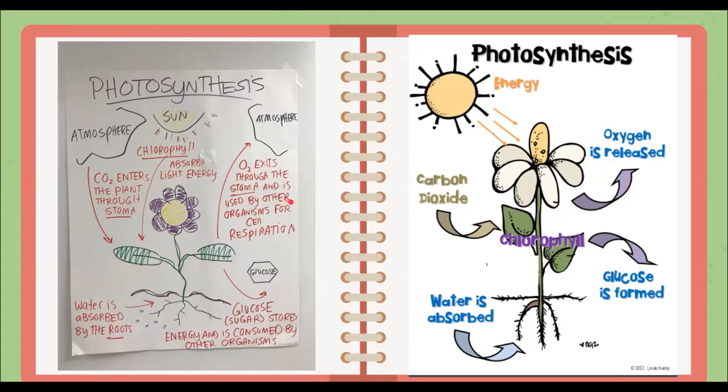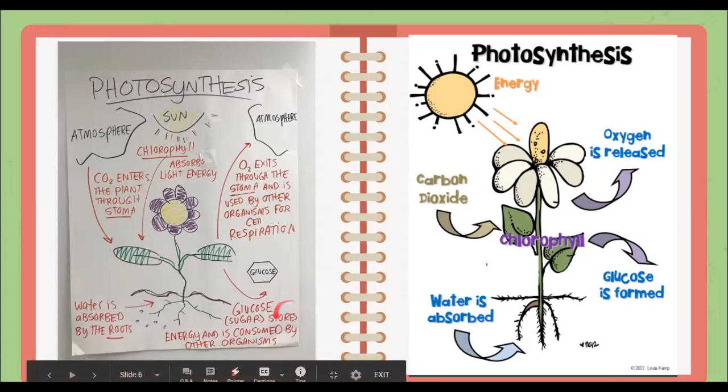Then oxygen exits through the stoma and is used by other organisms for cell respiration. The glucose is stored energy and is consumed by other organisms. Glucose is a type of sugar, and that sugar is eaten by animals. And also the water is absorbed by the roots.